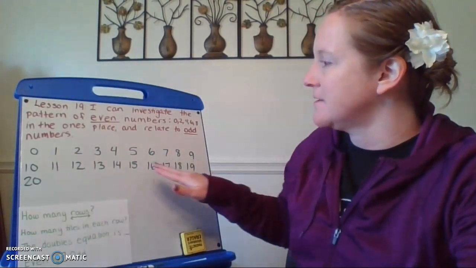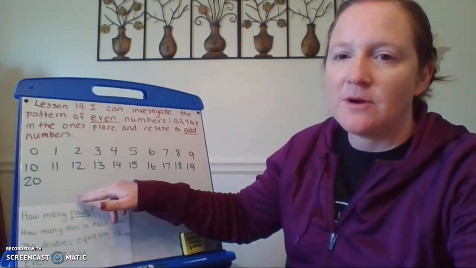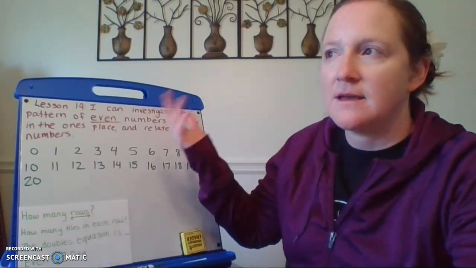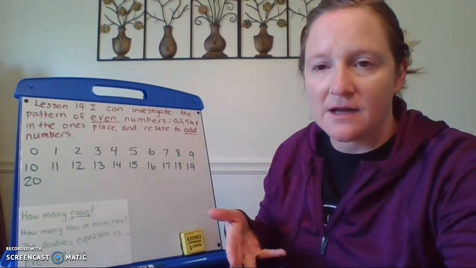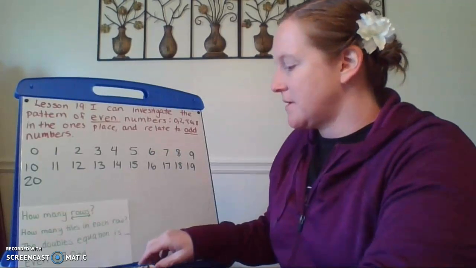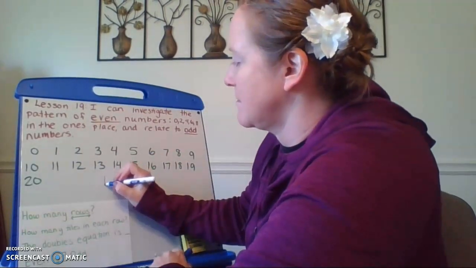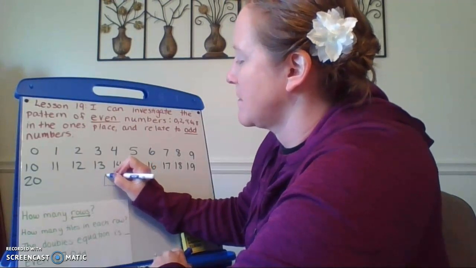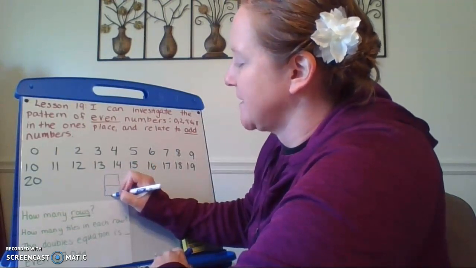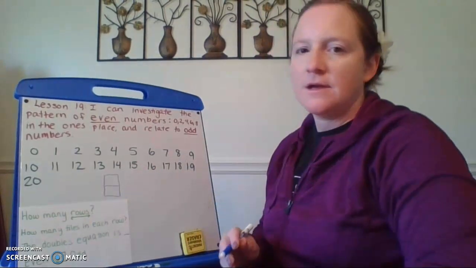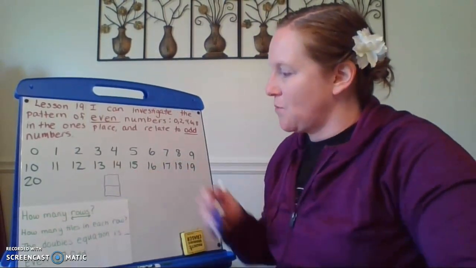So I wrote out our numbers 0 through 20, and we'll be looking at these to see, are they even, are they odd? So I'll start by drawing an array on my board here. Pretend like I have some square tiles, okay? So my first question is, how many rows are there?